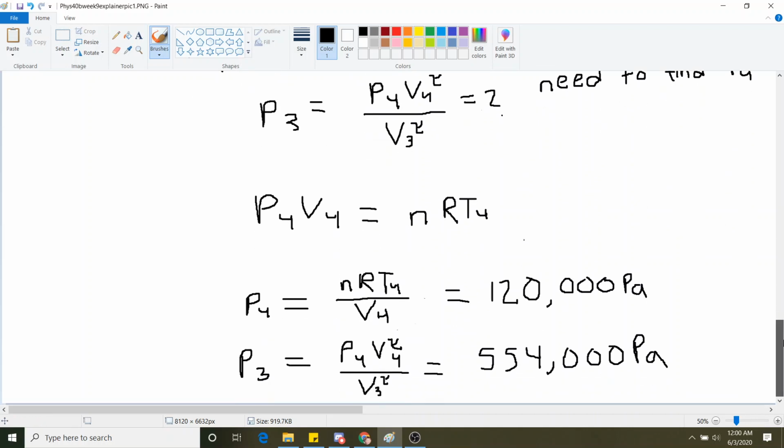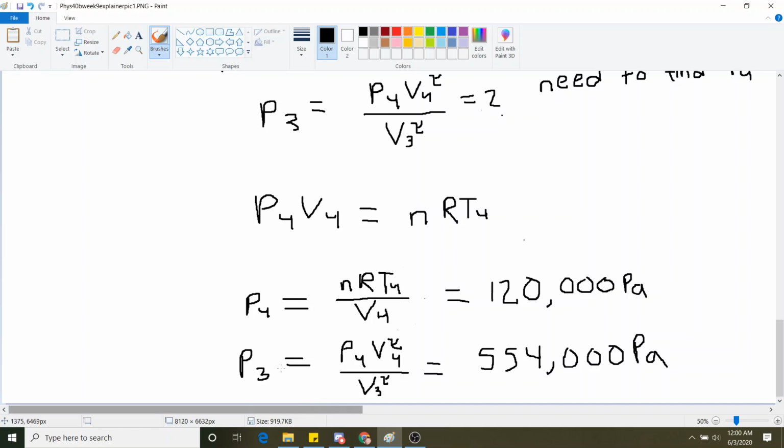After using the ideal gas equation, we're going to get 120,000 pascals, and then we're going to plug that into the adiabatic equation, and we're going to get 554,000 pascals.